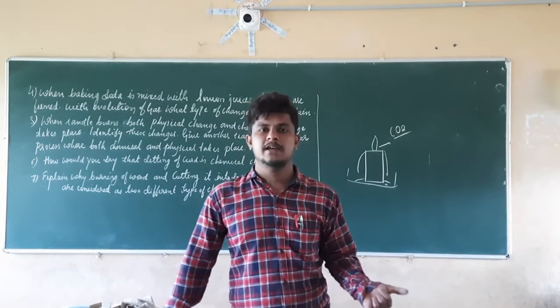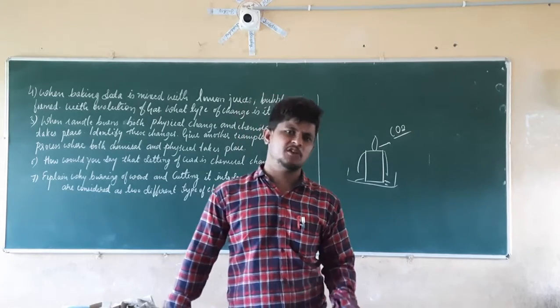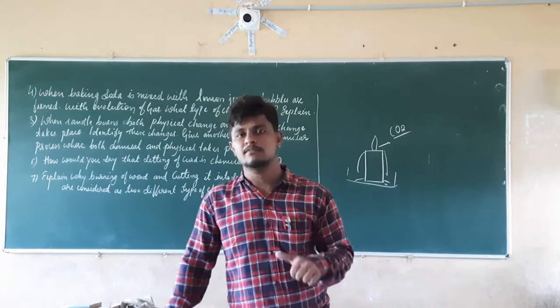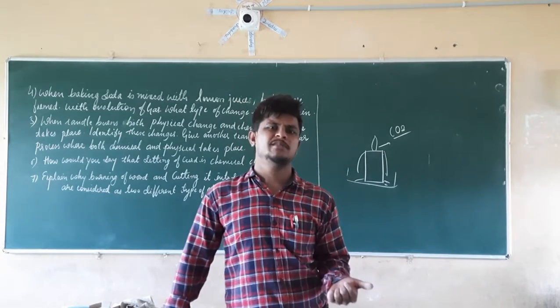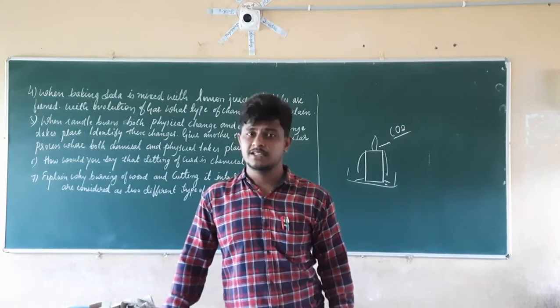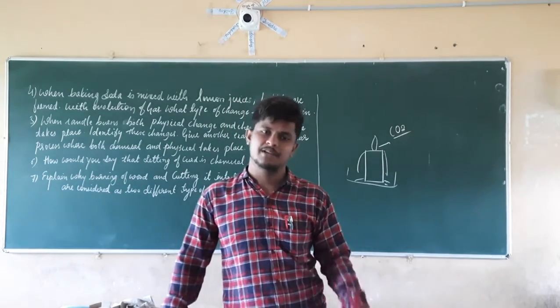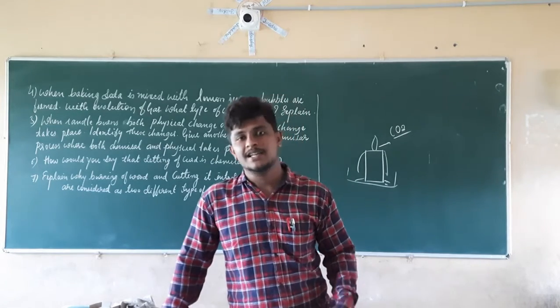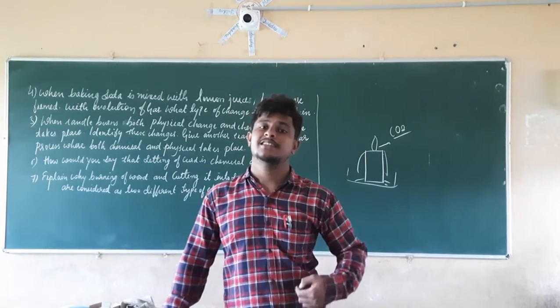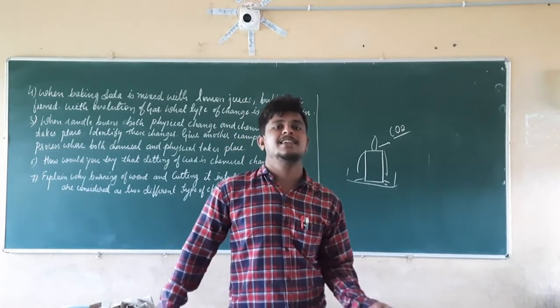In the same manner, is it possible that from milk we are getting curd? Is it possible that from that curd we are going to get the milk again? It is not possible, since it is an irreversible change. If it is an irreversible change, then it is a chemical change. What does it indicate? It indicates that there is a new product formed, which indicates that it is a chemical change.